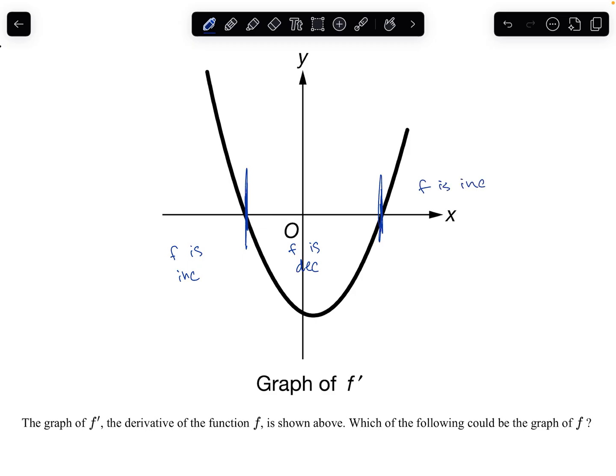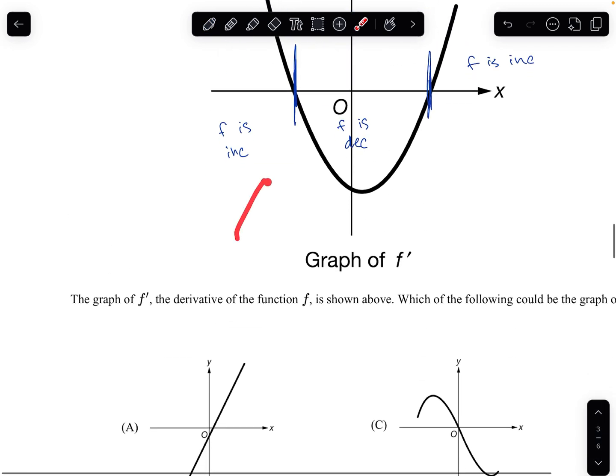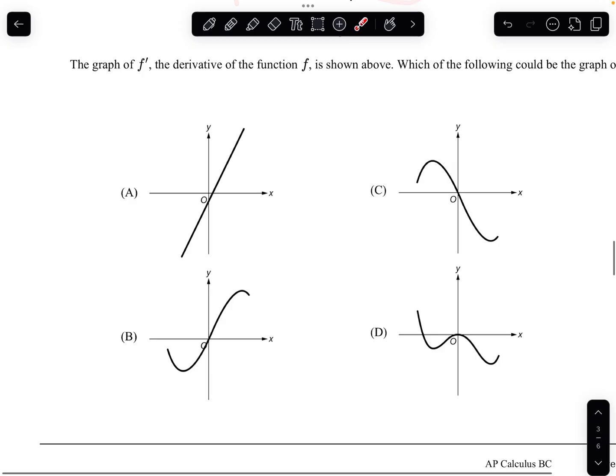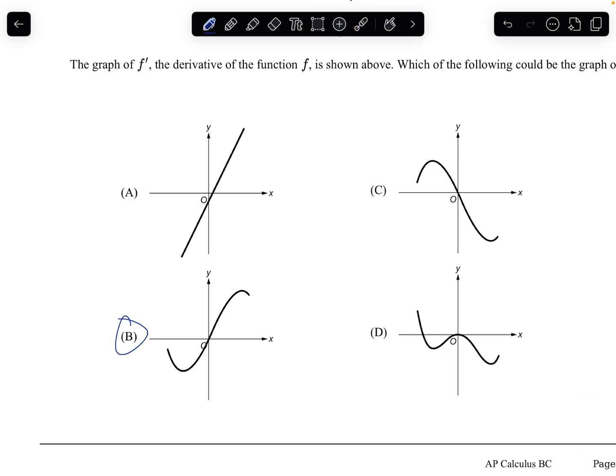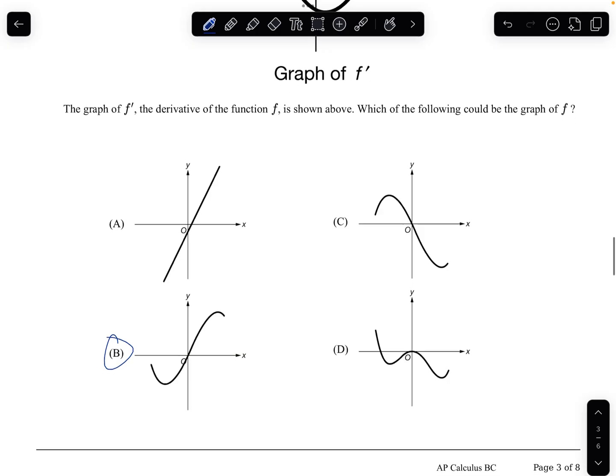Okay, so I want a graph that goes increasing, decreasing, increasing. So it's got to be B. Man, it's really easy once you actually get your graphs and definitions right.